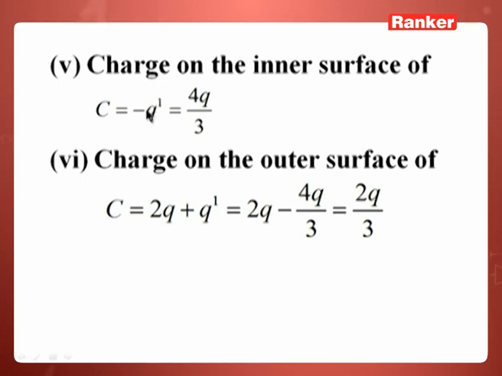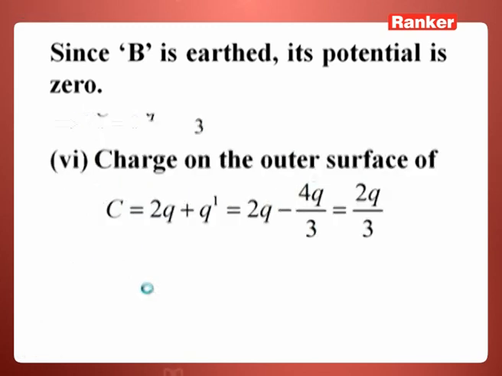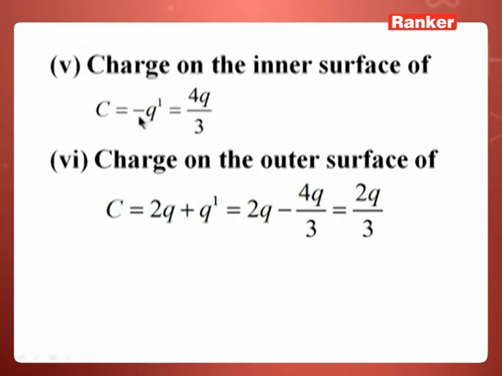Q dash is minus 4Q by 3, as we discussed earlier. That value is to be substituted here. Minus of minus 4Q by 3, minus of minus becomes plus, so it becomes 4Q by 3. So that is the charge on the inner surface of the outermost spherical shell C.